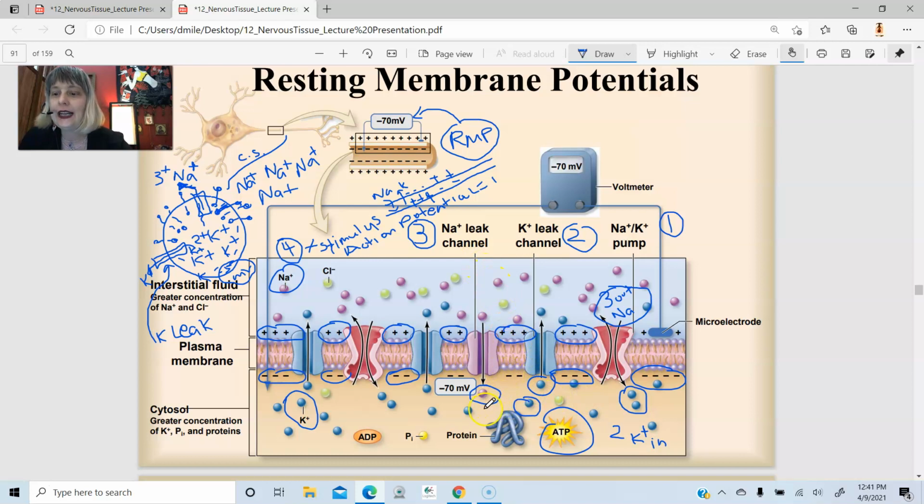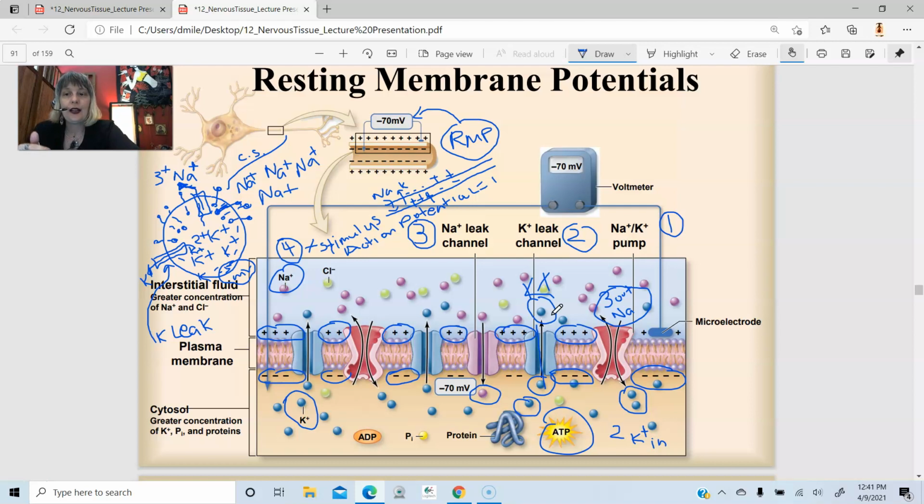So now we're getting even more potassium alongside the sodium potassium pump. In this case, we are looking at more positivity because of the potassium slowly leaking out. Okay, so it's diffusing outside of the cell, taking its positive charge with it.